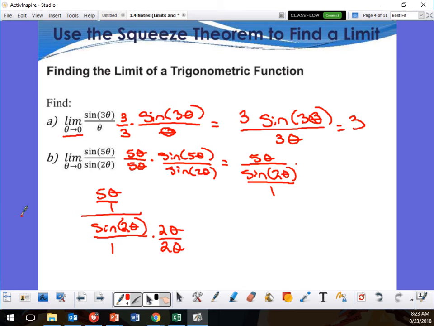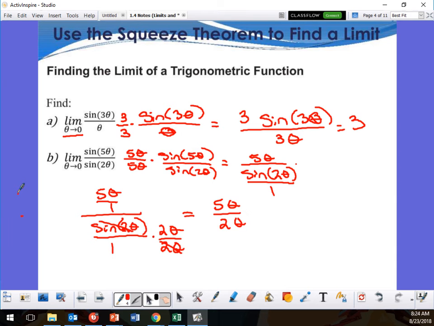I know my sine 2 theta over 2 theta is going to cancel that out, right? So this and this turn into 1. So now I'm going to be left with 5 theta over 2 theta, because this is 2 theta over 1, so it could be written without being over a fraction, right?